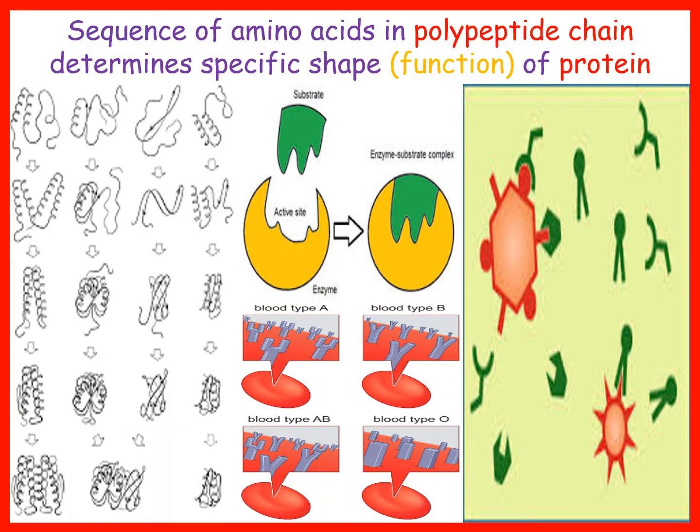So the sequence of amino acids in a polypeptide chain determines the specific shape, and clearly that shape will determine the protein, whether it's a fibrous protein or a globular protein, and then what sort of function that protein will therefore have. So examples of that is enzymes with different shape.